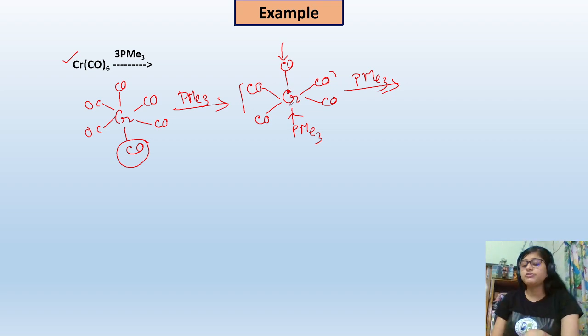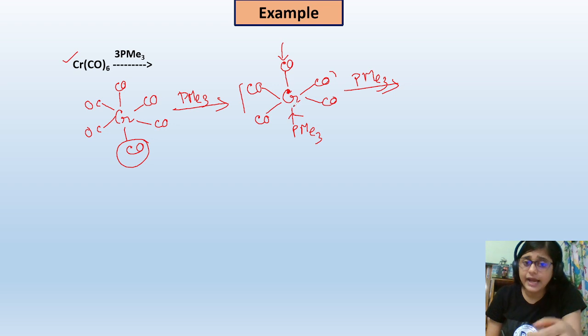If the electron density of the metal increases, it will give more electrons towards back bonding, right? It will give more electrons to the pi star orbital of CO, and as this CO is trans to this PMe3, the effect will be more for this trans CO.